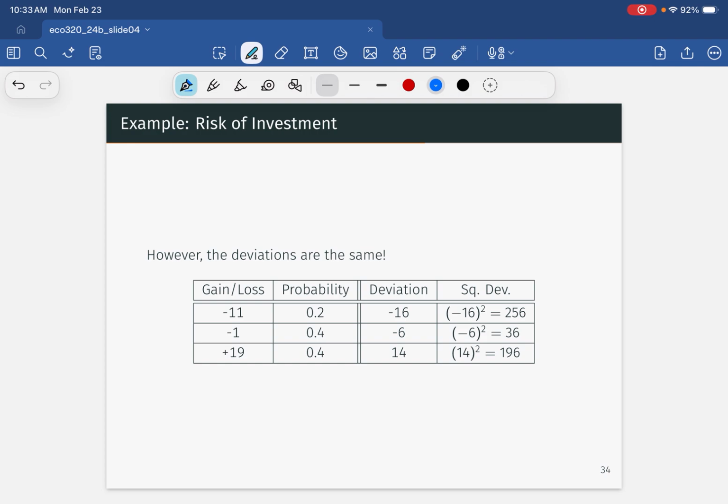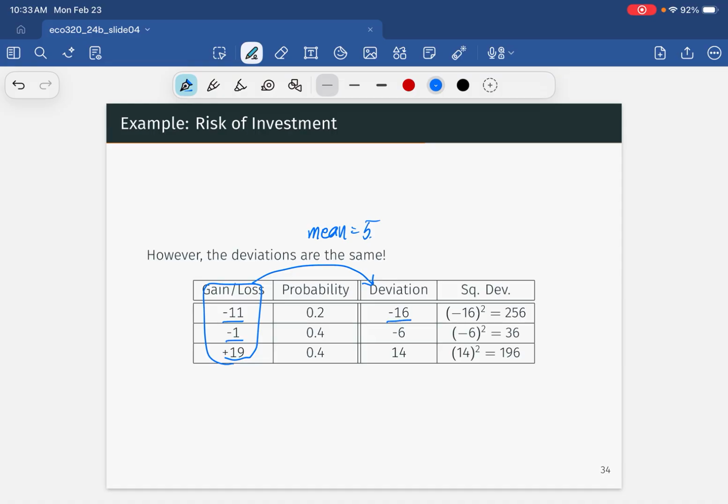We are going to calculate the deviations, right? Remember the mean was 5 in this numerical example. So from these outcomes, we subtract 5 and obtain deviations. Minus 11 minus 5 equals minus 16.